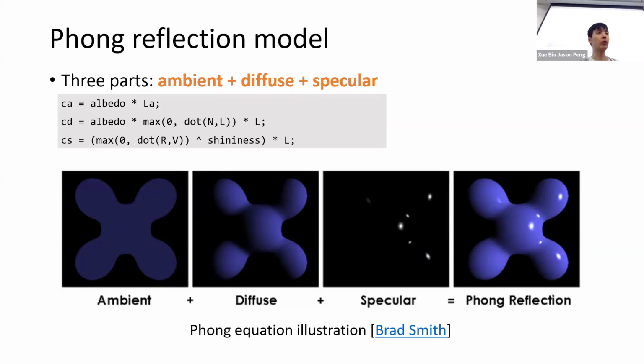Then next, we have the contribution from the diffuse model. This is implemented using the Lambertian diffuse model. And this represents light that's being reflected off of rough surfaces. And then finally, we have contribution CS from the specular model. And this can be implemented using the Phong specular model.